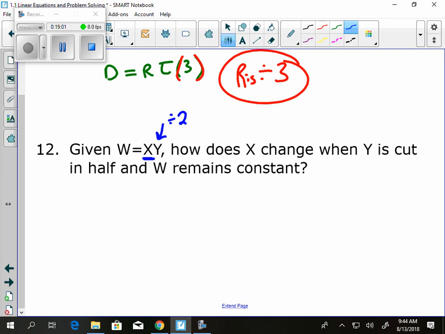Opposite. What's the opposite of division? So that means we're going to have to multiply X by 2. If I divide by 2, that means I have to multiply by 2. W stays the same.